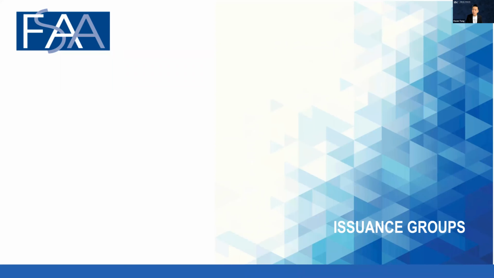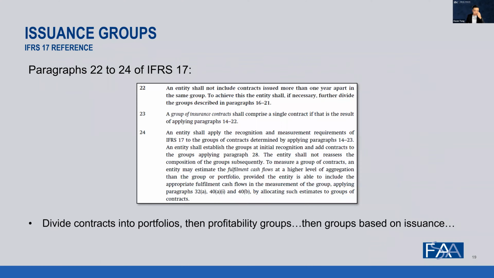The final thing I want to talk about today is issuance groups, and then I'm going to put them all together in one illustration. Paragraphs 22 to 24 of IFRS 17 talk about groups. Just to recap, we have portfolios, which are a group or category of insurance contracts.